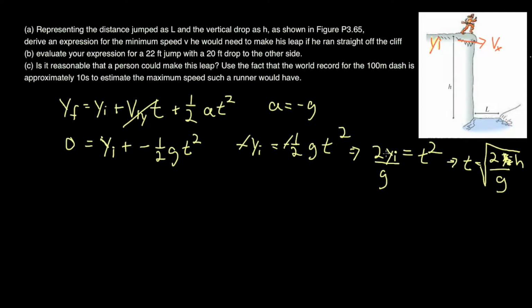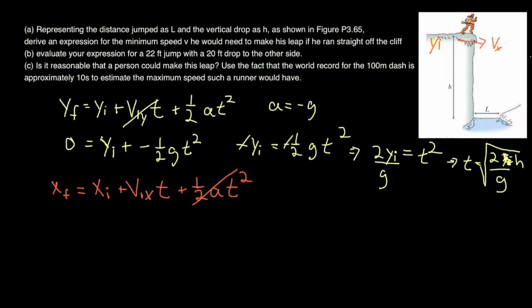So now that we have the time, we can use this exact same equation to find the initial velocity that he jumped off the cliff with. So x_f, now that we're in the x direction, is equal to x_i plus v_ix times time plus 1/2 a t squared. But we're in the x direction now, so we're not going to have any acceleration, so this term goes out.